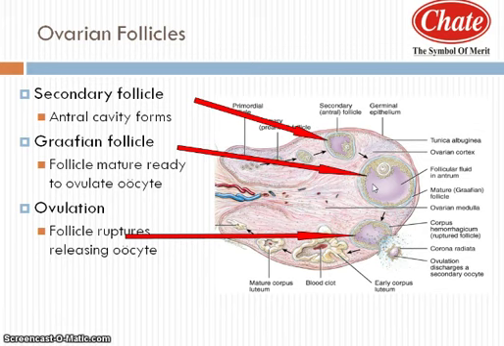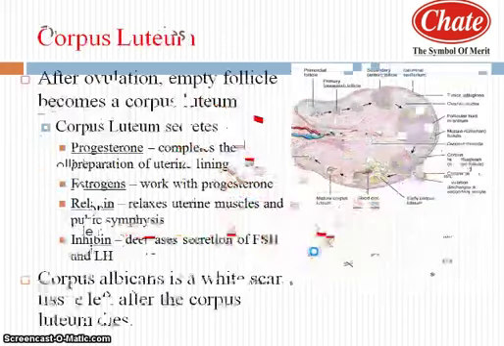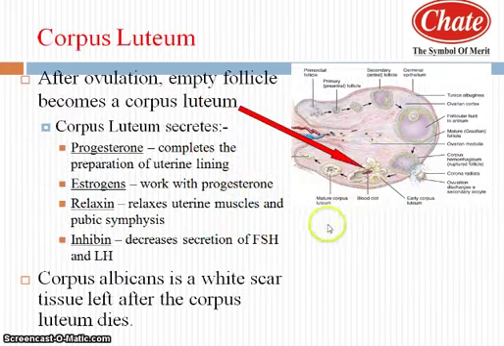This Graafian follicle, under the influence of LH on the 14th day of the menstrual cycle, bursts or ruptures and releases the secondary oocyte outside the ovary, which is captured by fimbriae. Under the influence of LH, the follicle gets converted into the part that is termed as a corpus luteum. Corpus luteum is also termed as a yellow body. It is an endocrine part because it secretes four hormones, that is progesterone, estrogen, relaxin and inhibin.